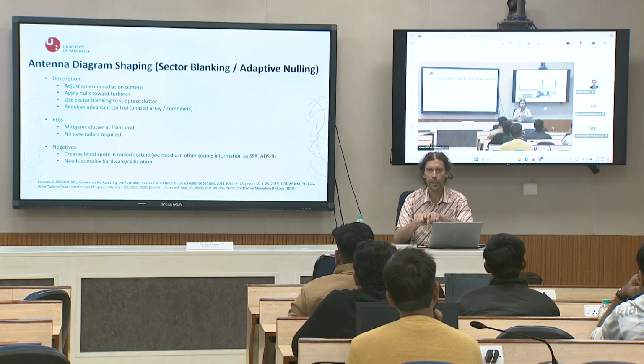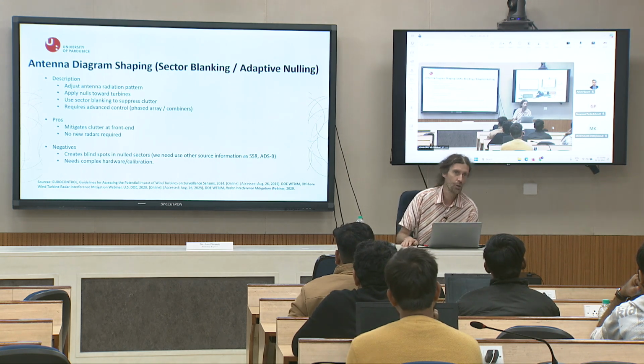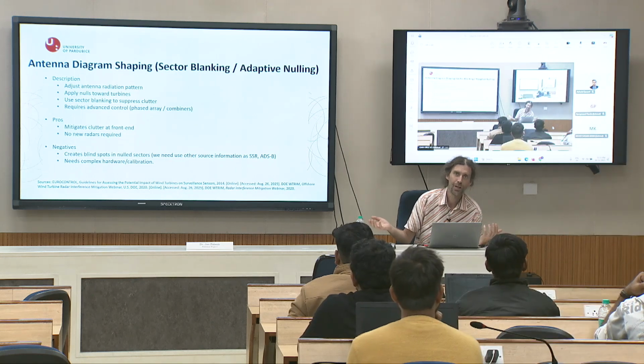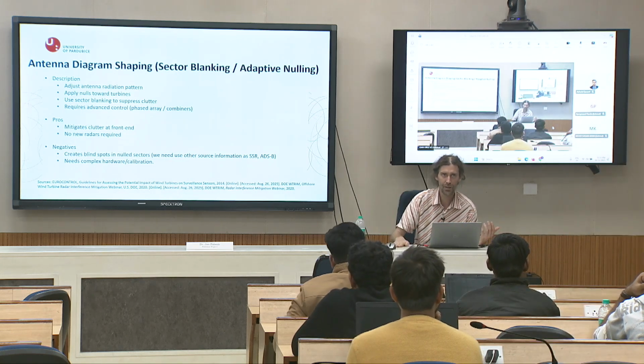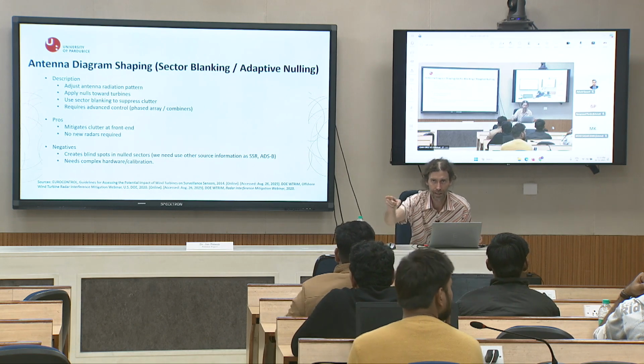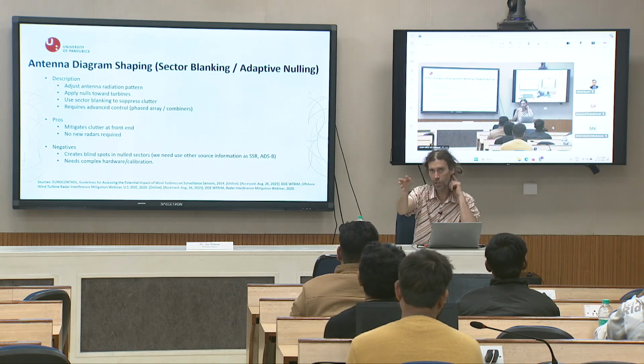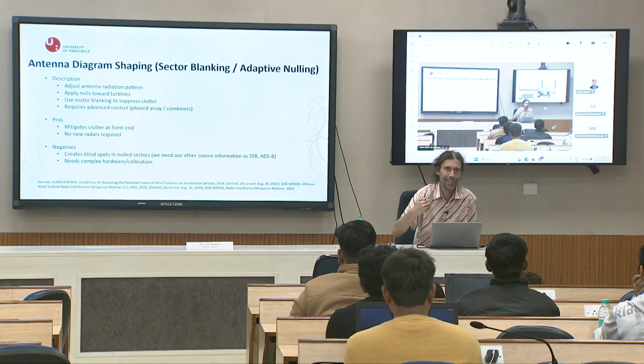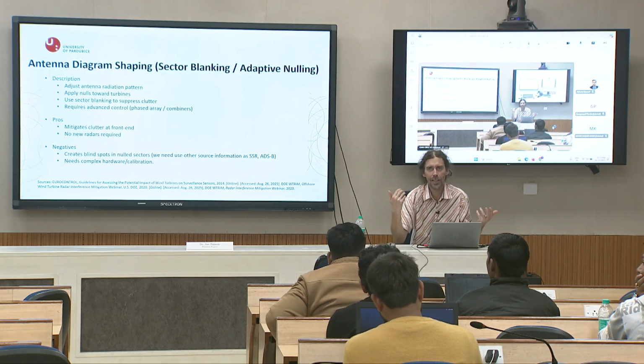You don't see the turbines, but in this direction you don't see even a target, because there is 0. Okay, you mitigate wind turbines, but in case a target comes in this direction, there is 0. You don't see even the target.